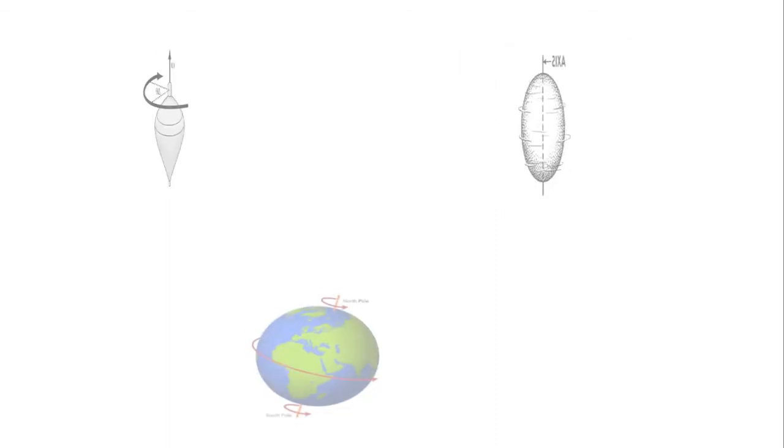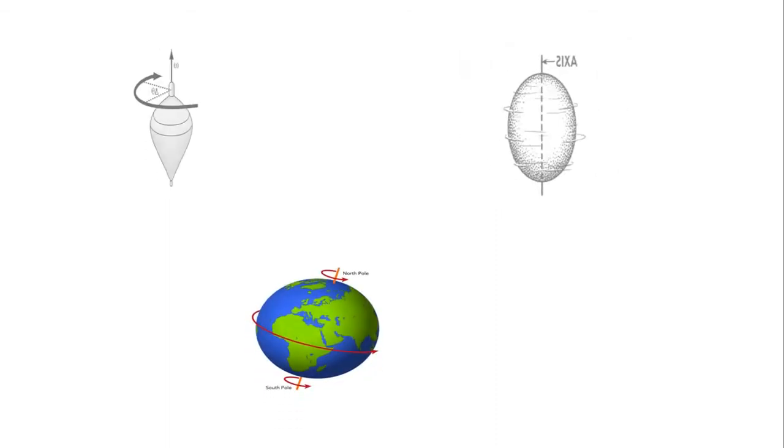The imaginary line around which an object rotates is called its axis of rotation. Example: spinning of a top, rotation of a car wheel, rotation of the earth.